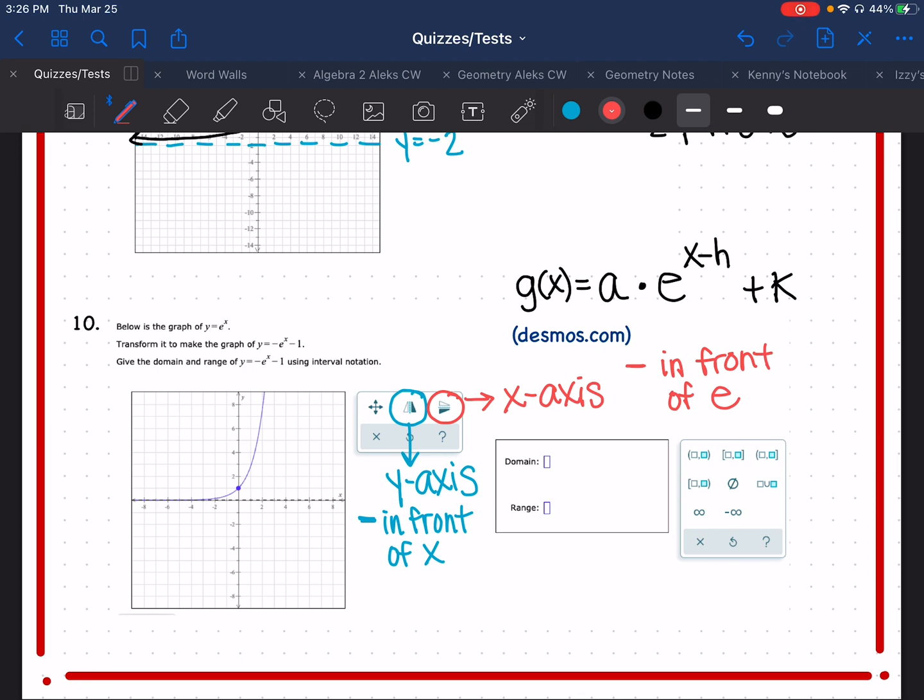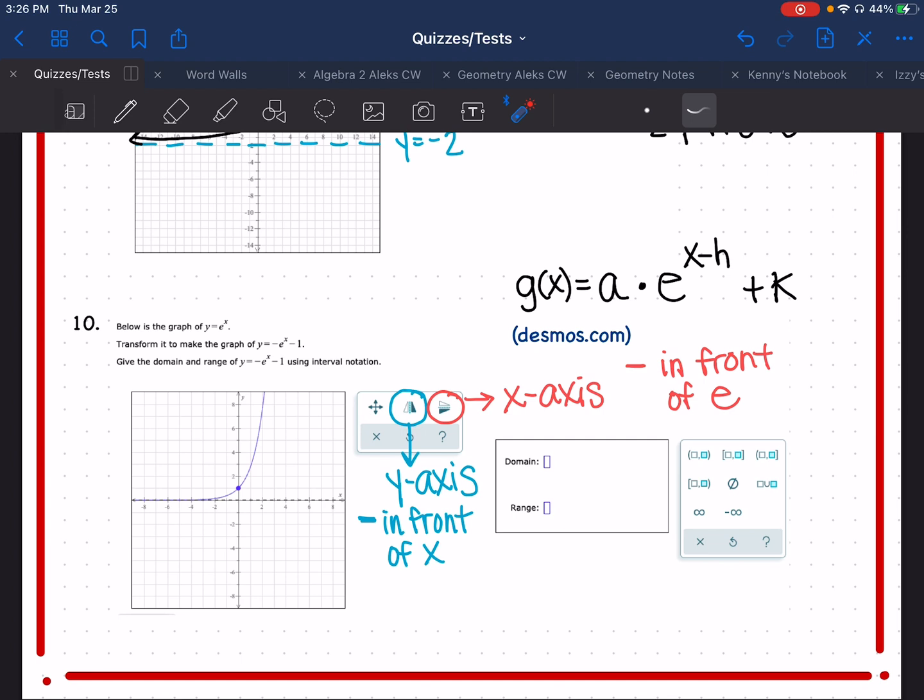So you just got to pay attention to where your negative is. So look at mine. My negative is right here in front of E. So mine is going to do this one. Mine is going to flip because I have a negative in front of the E. Okay, so I'm going to click that first.